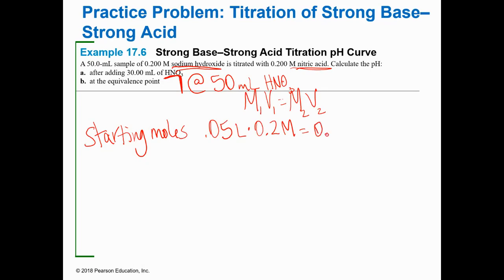I've got, that's a big decimal, 0.01 moles of our hydroxide. And from that, I also need to know how many moles of our acid I have. So I have 0.03 liters of our 0.2 molar acid.